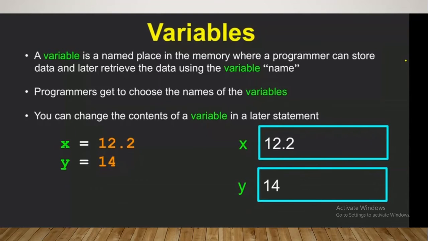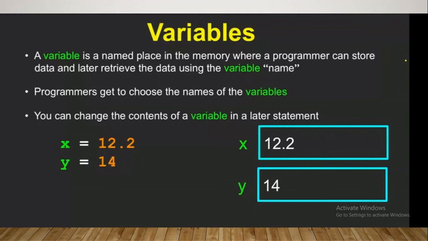As you can see over here, saying that x is equal to 12.2 doesn't mean that x is 12.2. It means that in the memory you are allocating a space known as x, which is assigned. This equal sign in programming languages is known as the assignment operator, which we will also discuss deeper in the coming videos.